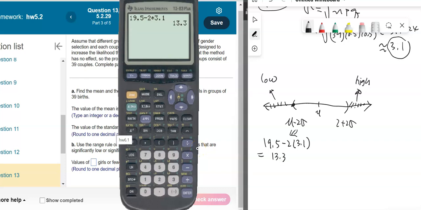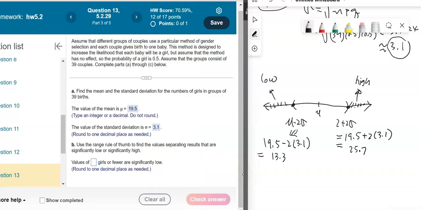And this number is 19.5 plus 2 times 3.1, which is 25.7.